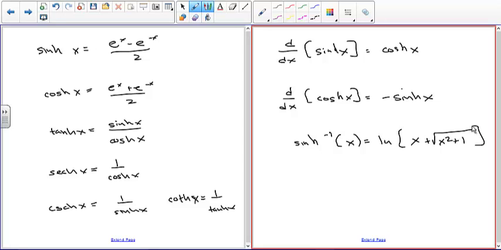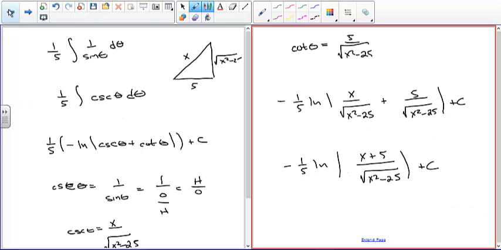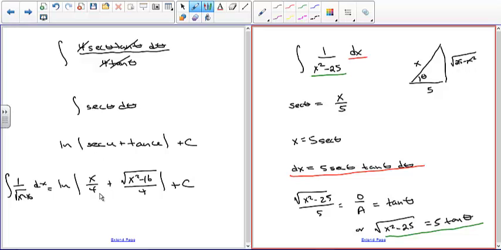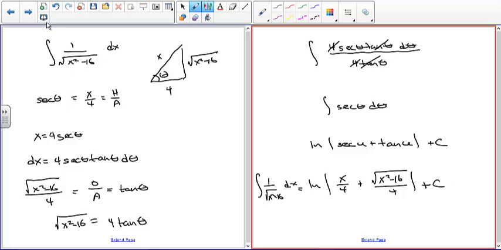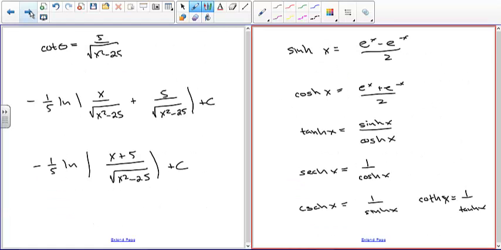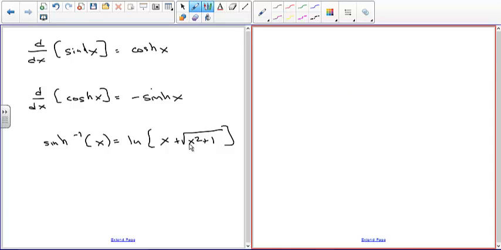But if you go back to the integral we just did a minute ago, when we integrated 1 over the square root of x squared minus 16, we ended up with the natural log of x over 4 plus the square root of x squared minus 16 over 4. If you look at the definition of the inverse hyperbolic trig function, it looks very similar, doesn't it? x plus the square root of x squared plus 1. So that's not a coincidence.